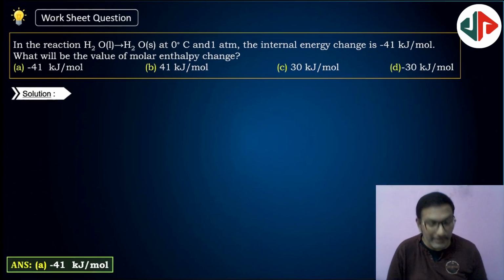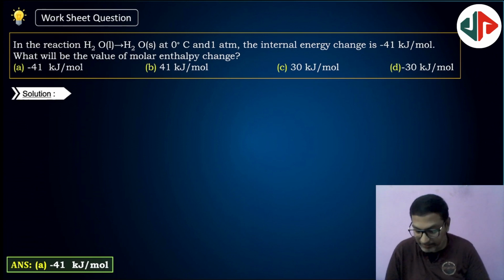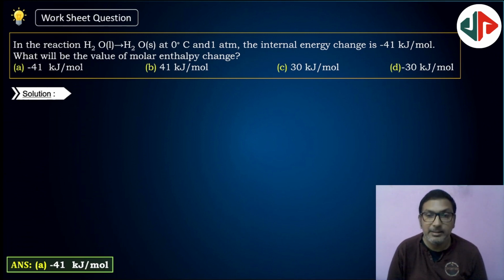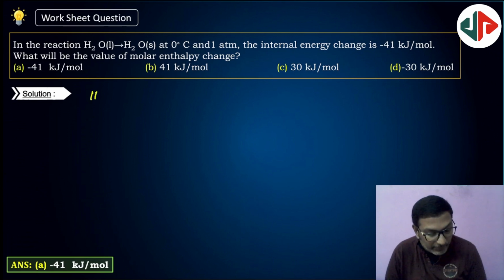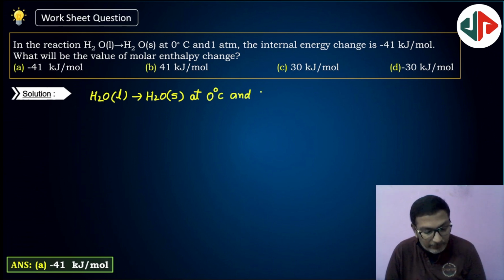So first, in the reaction, H2O liquid changes to H2O gas at 0 degrees centigrade and 1 atmosphere. The internal energy change is given, that is H2O liquid changes to H2O solid at 0 degrees centigrade and 1 atmosphere.